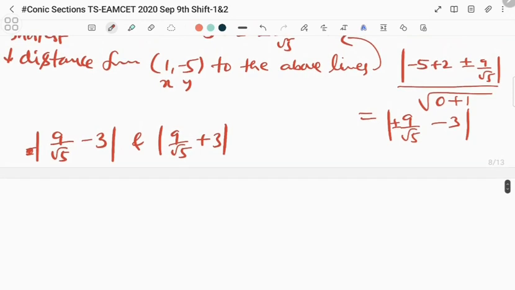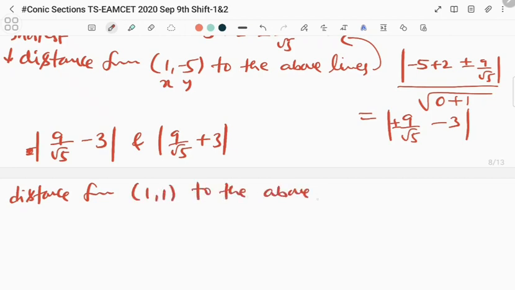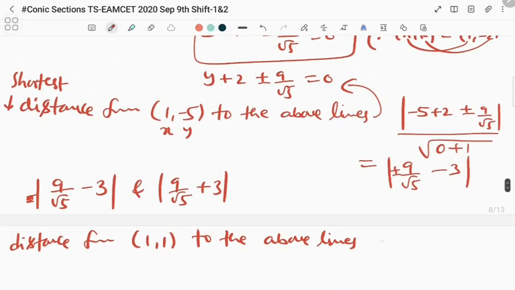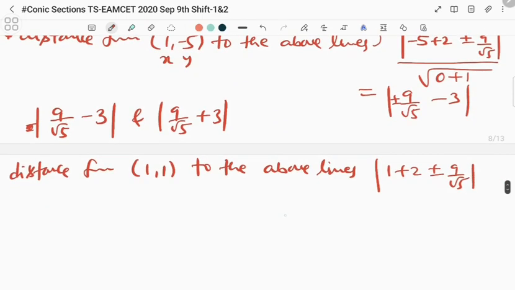Similarly, you can calculate the distance from 1 comma 1 to the above lines, perpendicular distance only one. So y plus 2 plus or minus 9 by root 5, mod in place of y, 1 plus 2 plus or minus 9 by root 5. So from this, mod 3 plus or minus 9 by root 5.